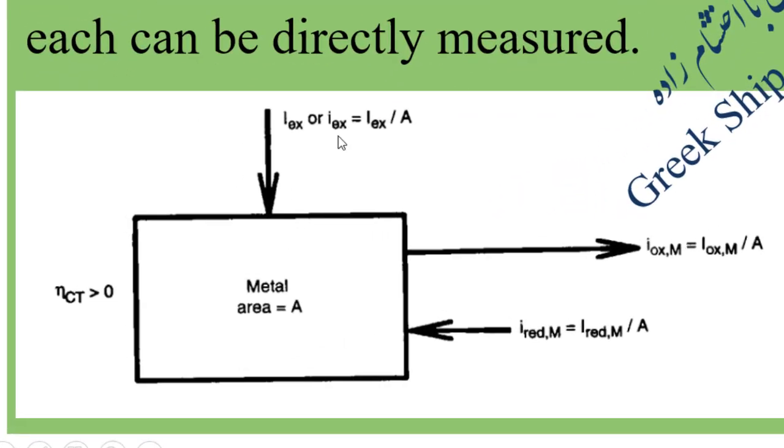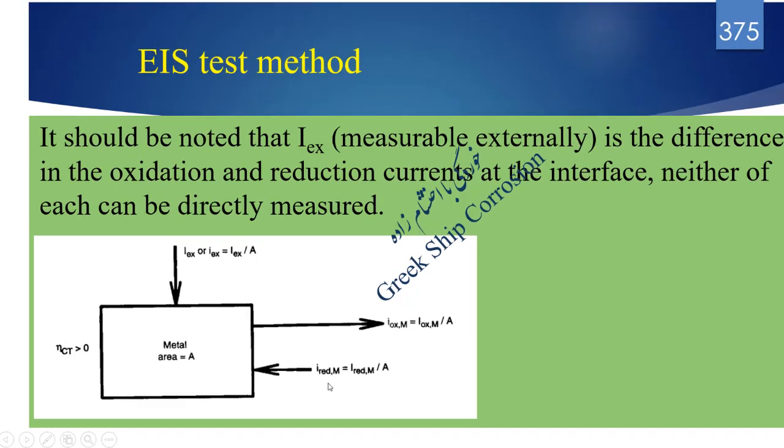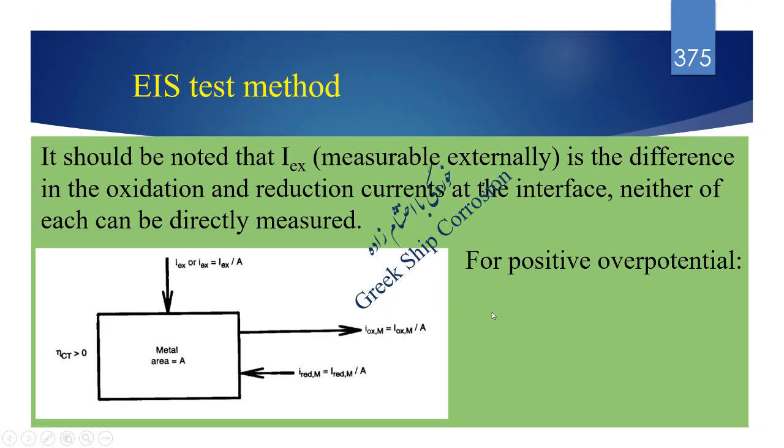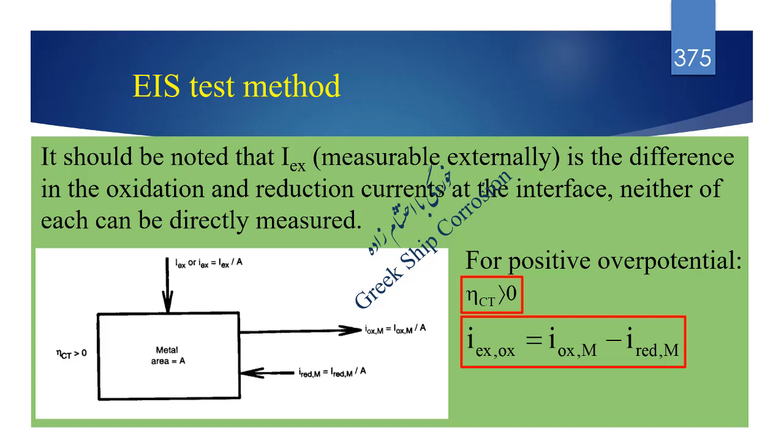External current density, current density of oxidation of the metal, and current density of reduction of the metal: for positive overpotential, where eta_CT, the charge transfer overpotential, is greater than 0, external current density is equal to the difference between the oxidation current density of the metal and the reduction current density of the metal. Or the oxidation current density of the metal is equal to the sum of the external current density plus the reduction current density of the metal.